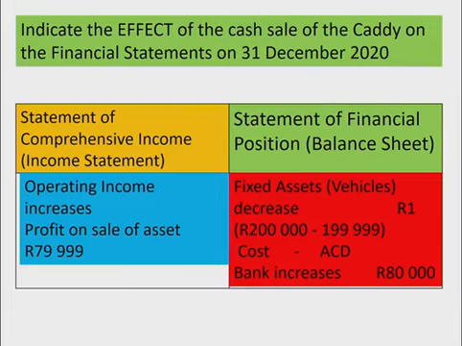Okay. In essence, grade 11 and 12, that is the end of activity number 2 and activity number 3. So that is to make sure that you more or less understand how to deal with asset disposal, what will the effect be on the financial statements.